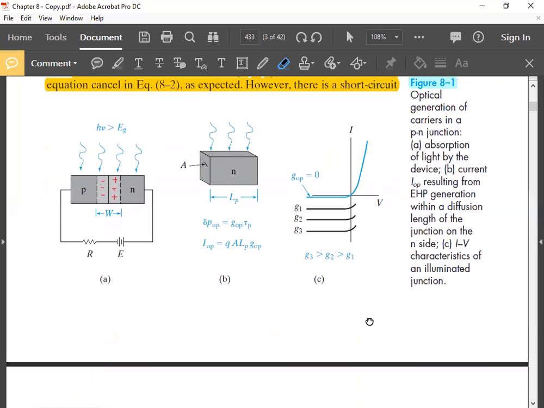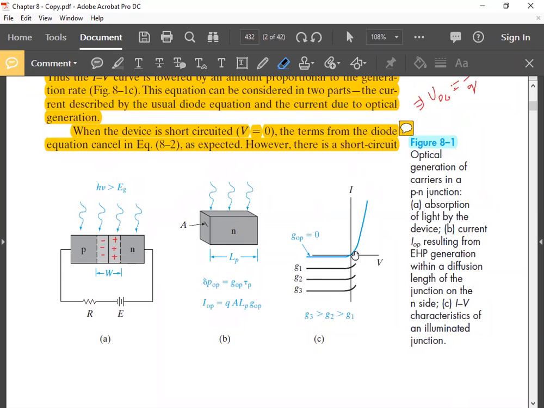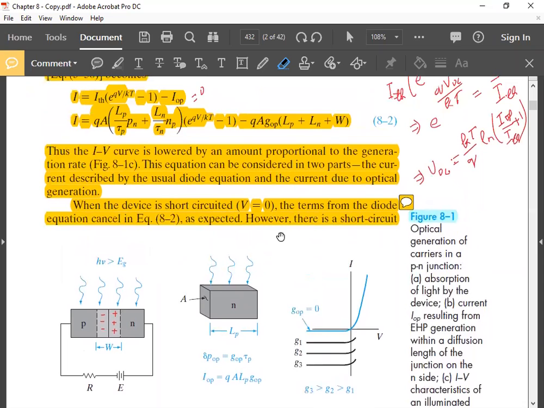So, for that case also, since this is short circuited, V is 0. Since IOP flows from N to P, the current is negative, and this depends on GOP.